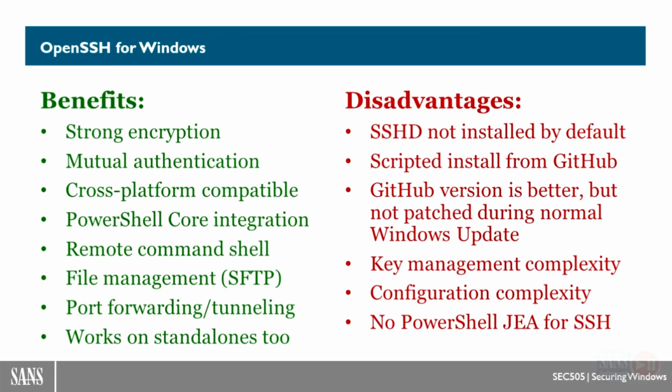Now, for the sake of PowerShell, PowerShell Core has built-in integration for SSH. For example, when you remote into another machine with Enter-PSSession, it is using the SSH client tool secretly in the background. And if you run a command like Invoke-Command, instead of talking to the WinRM service, it's going to talk to the SSH service or daemon at the target machine.